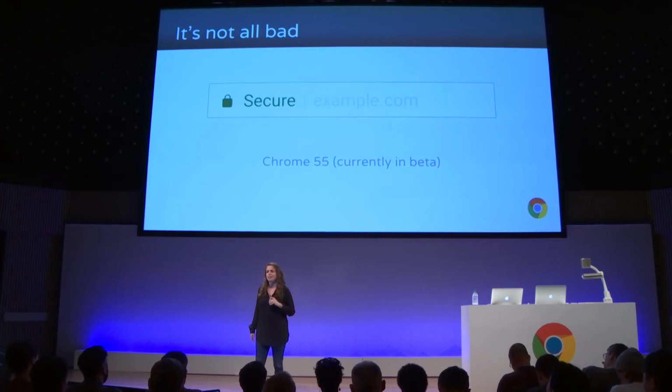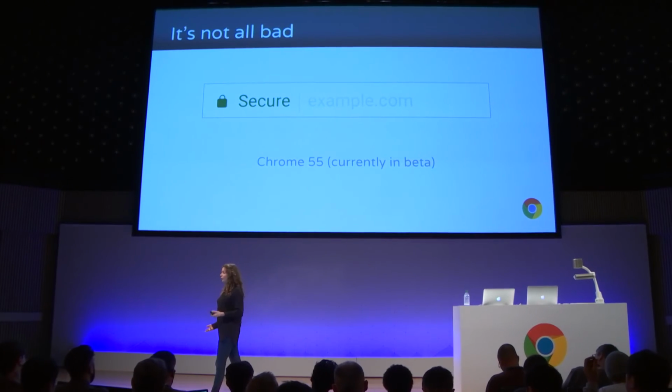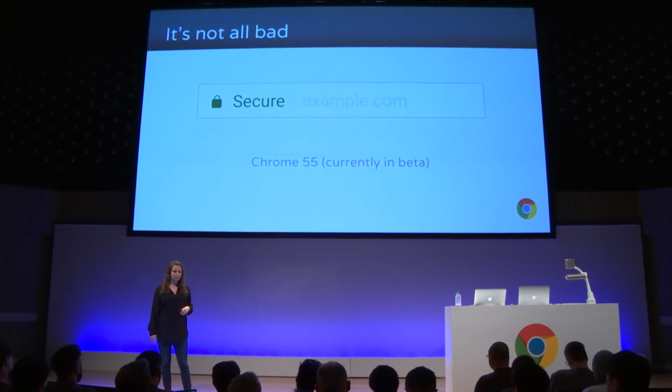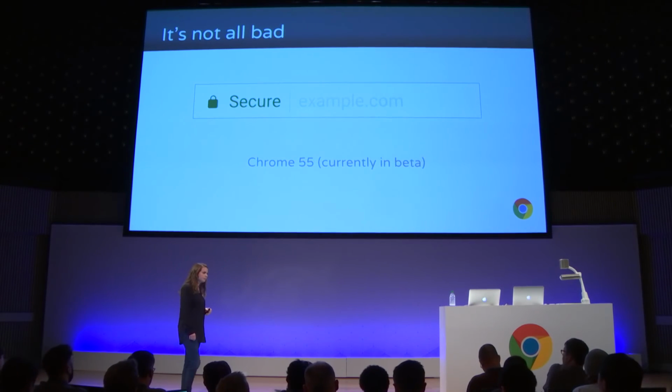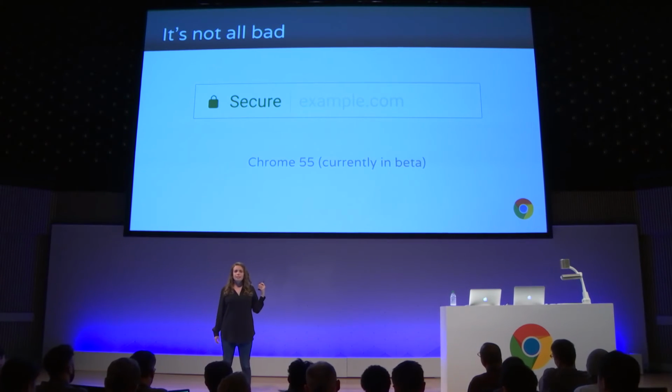If you adopt HTTPS, you get this shiny green badge next to your site telling users that, hey, you are using a secure connection. So we hope this provides some incentive to adopt HTTPS in addition to all the other benefits that you get, like the privacy and security benefits for your users and the ability to use powerful features like geolocation and service workers that you get with HTTPS.